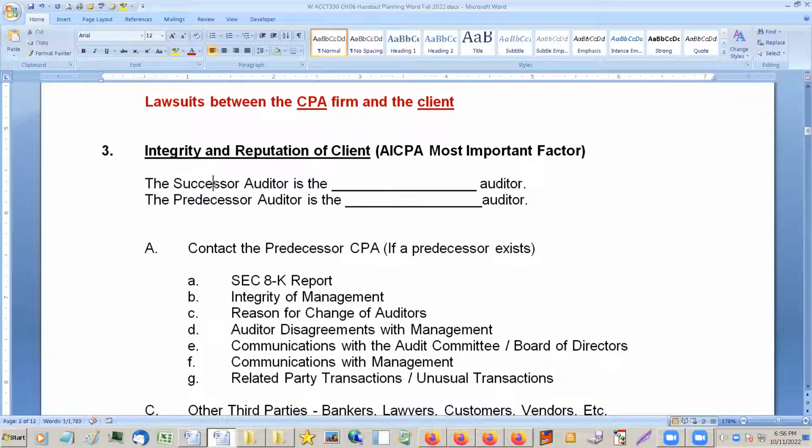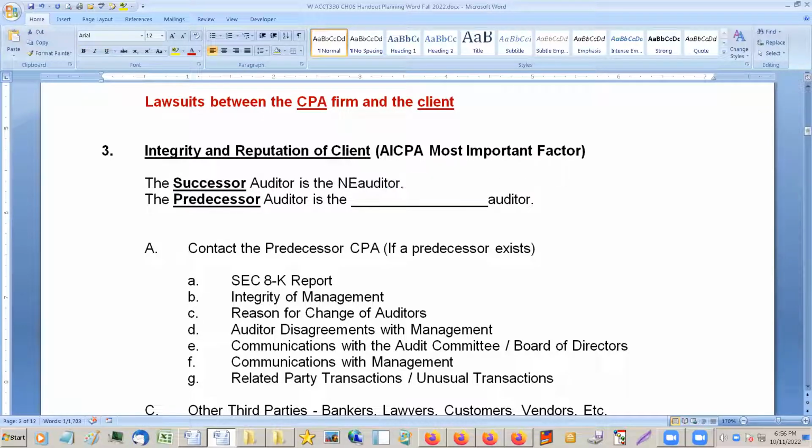Okay, we have some terminology here we have to get out of the way. Successor and predecessor. Okay, successor auditor. This is the new auditor. So the new auditor that comes in is the successor.